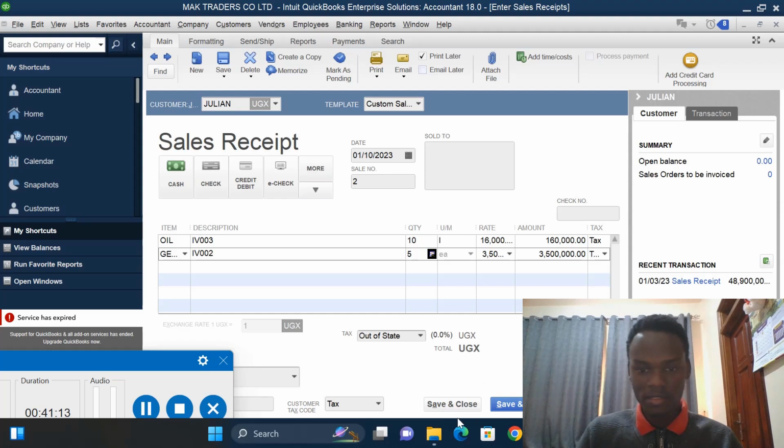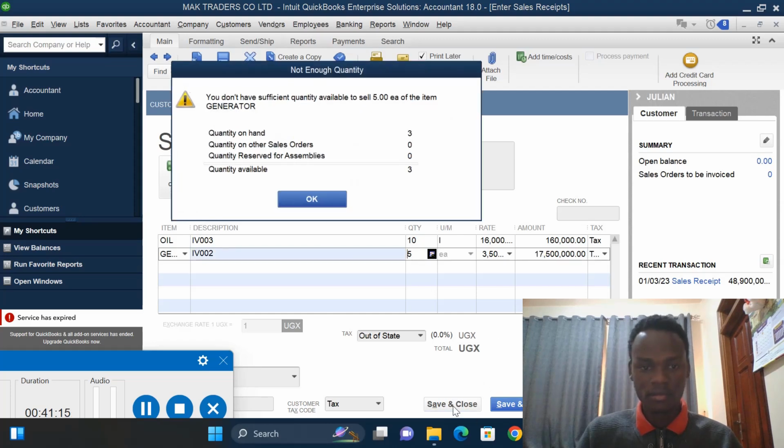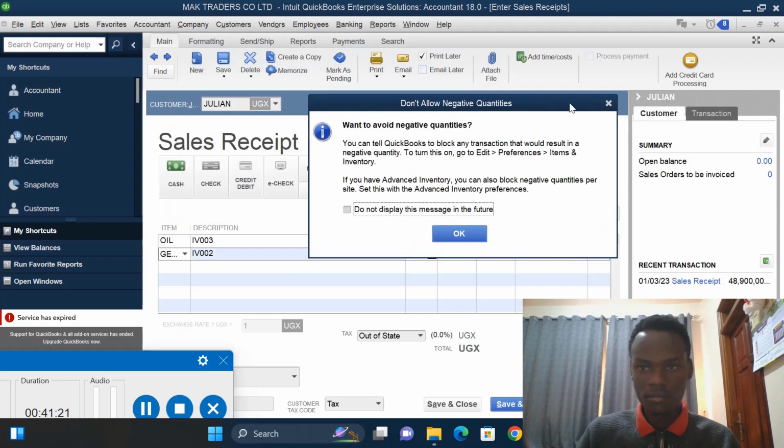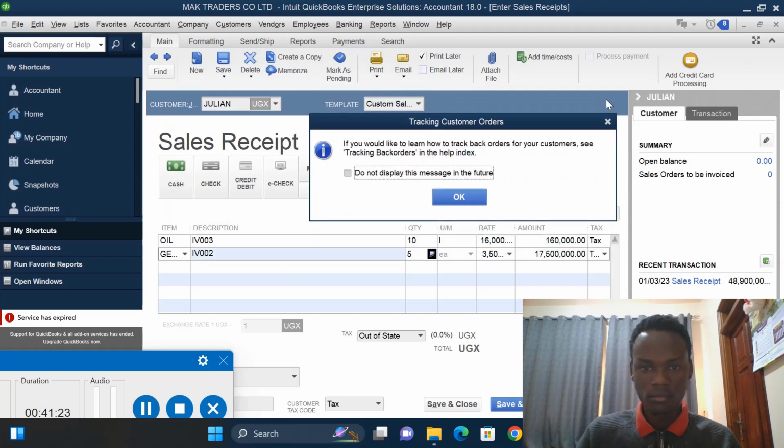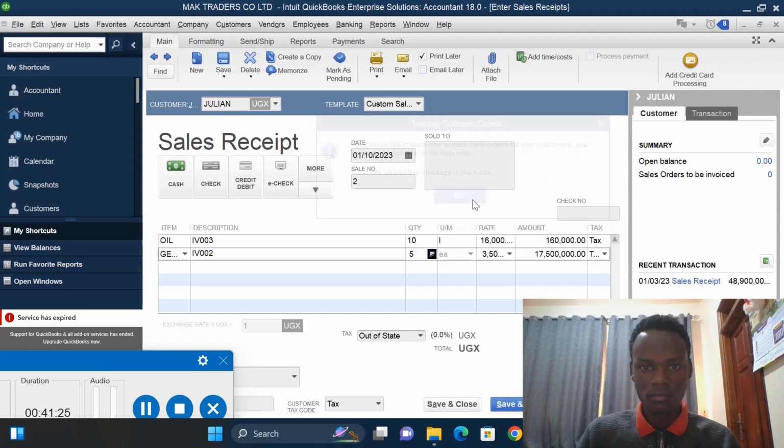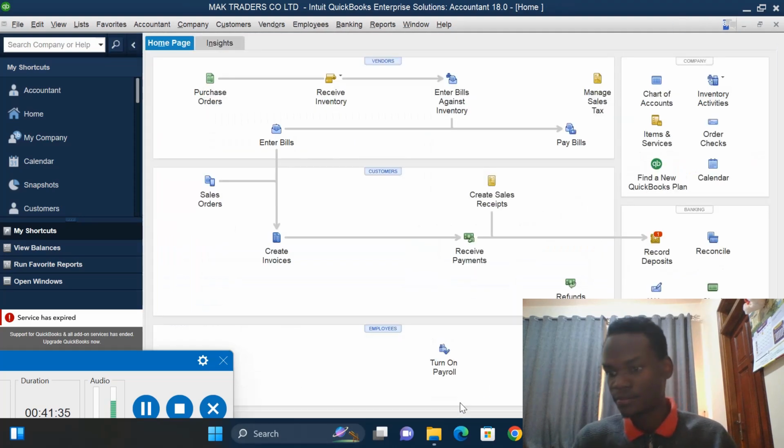So change the date, yes. So save and close.